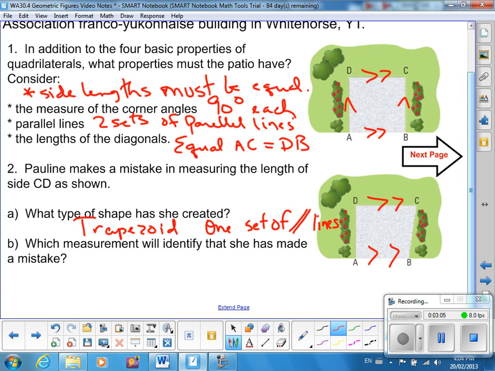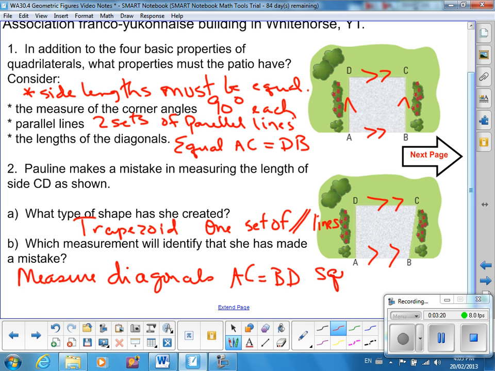Which measurement will identify that she has made a mistake? Well, if you measure the diagonals, AC equals BD in a square. If AC does not equal BD, then you don't have a square.